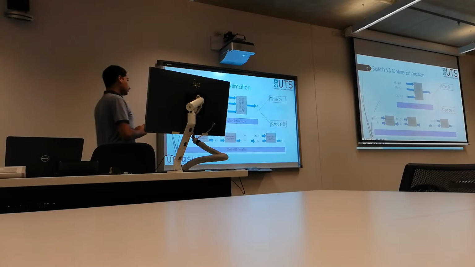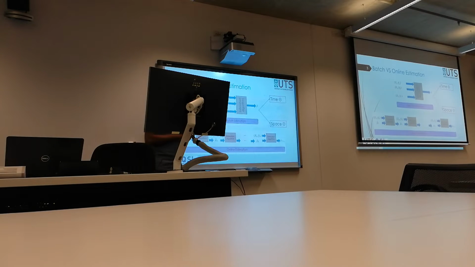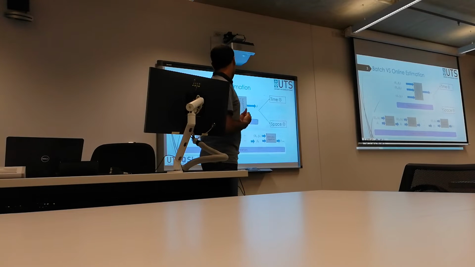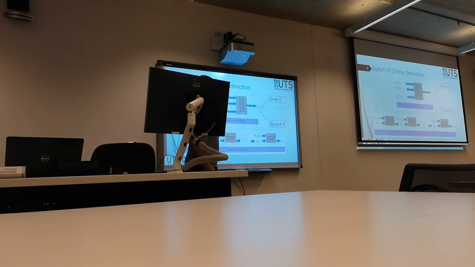A better way to do this is through online estimation. In this case, I don't have to wait for collecting all the measurements. As soon as I get a new point, I just use it to update my estimate and keep going, and after enough iterations, we obtain our estimate.